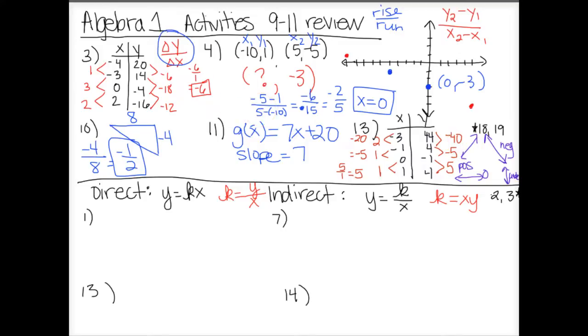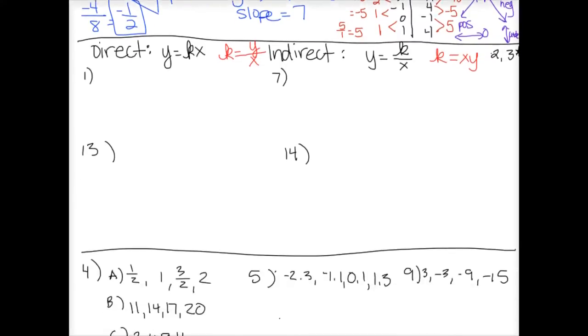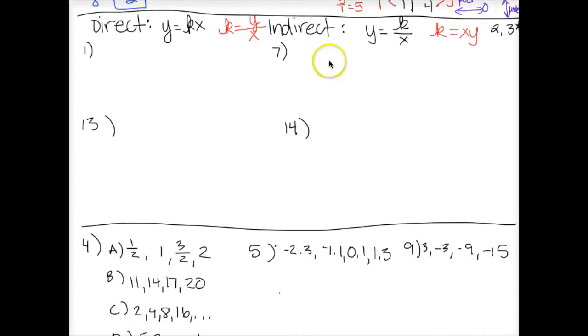Then we moved on to activity 10, which was direct and indirect variation. I wrote up here the formulas because you absolutely need to know the formulas. Direct variation always takes the form y equals k times x, which means that if you were looking for the constant of variation, meaning if you don't know it yet, you would just do y divided by x to find it.